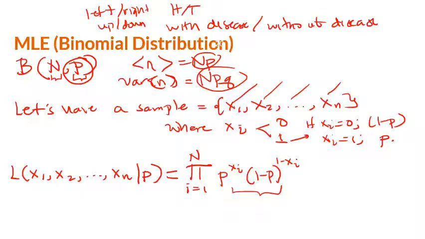So it's now 1 times 1 minus p. Whereas kapag naman x sub i equals 1, p to the 1 times 1 minus p to the 1 minus 1, 1 minus p to the 0 is 1. So consistent siya dun sa definition natin. Okay, so this is our likelihood function.